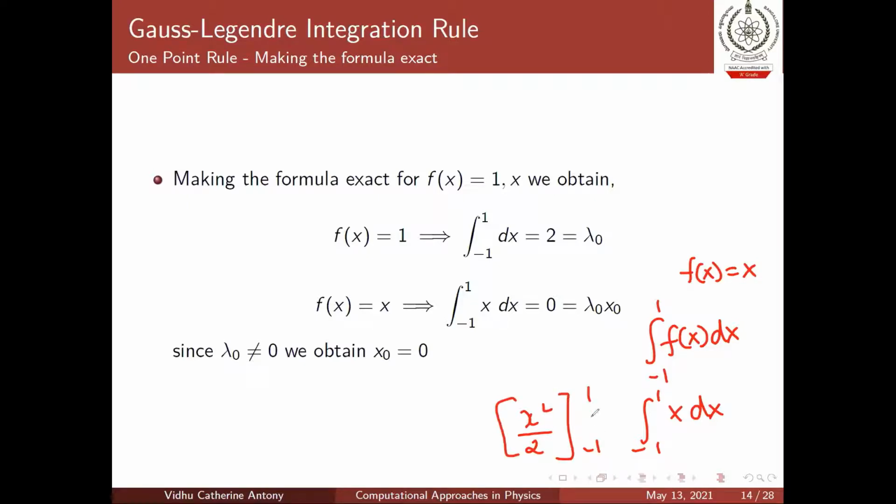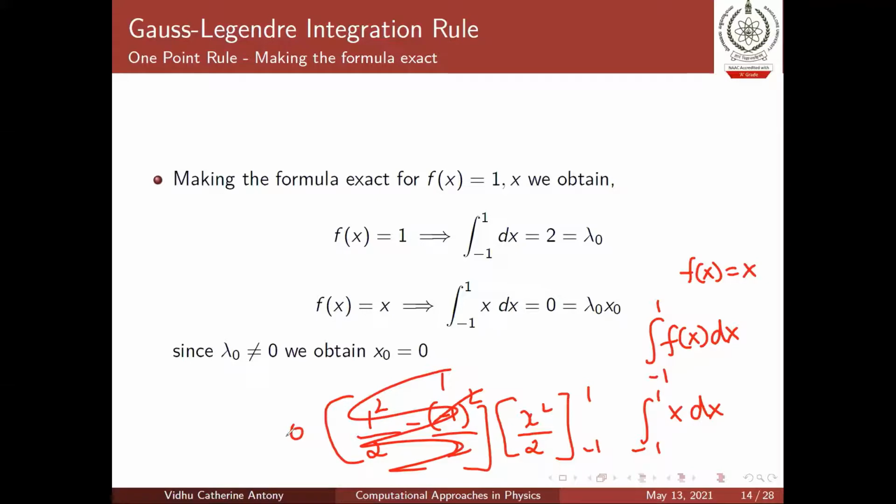That gives 1 squared divided by 2 minus (-1) squared divided by 2, so the entire thing cancels out and becomes 0. So 0 is equal to lambda naught x naught. That's what you get in the second equation.